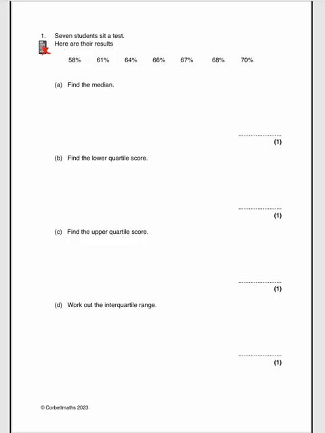Now we have the formula for finding the median. We have the lower quartile, which is Q1, the median, which is Q2, and lastly the upper quartile, which is Q3. Q2, the median, is given as 1/2 into n plus 1, where n is the number of values or scores.